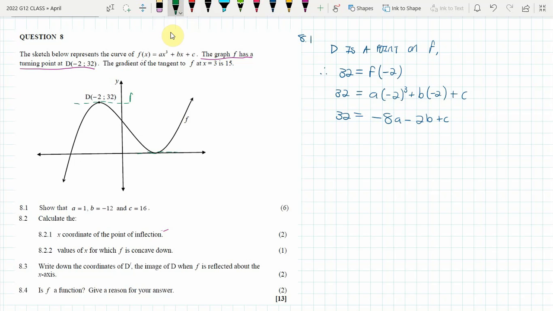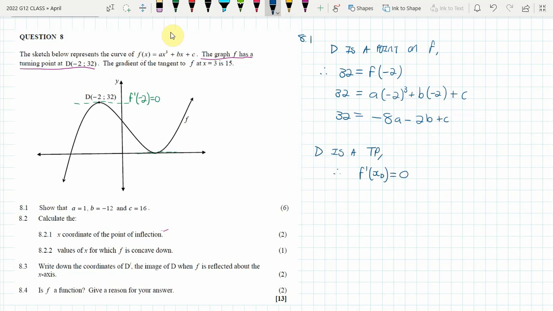So that means f prime at D must be equal to 0 because D is the turning point. Therefore, f prime at the x coordinate of D must be equal to 0.